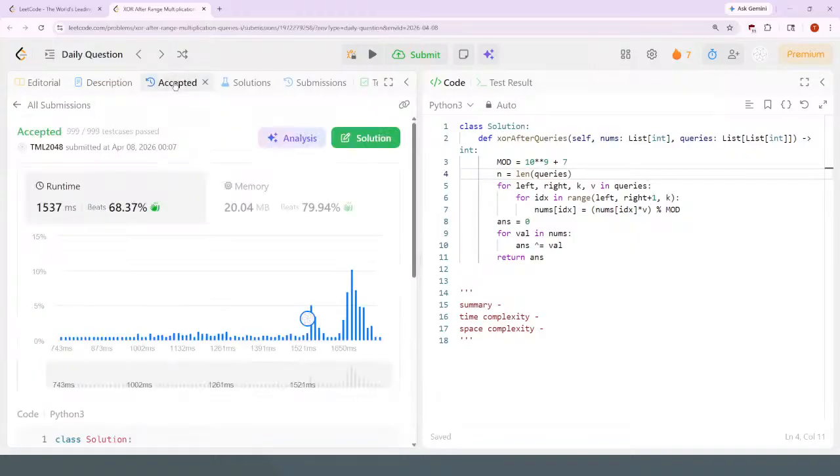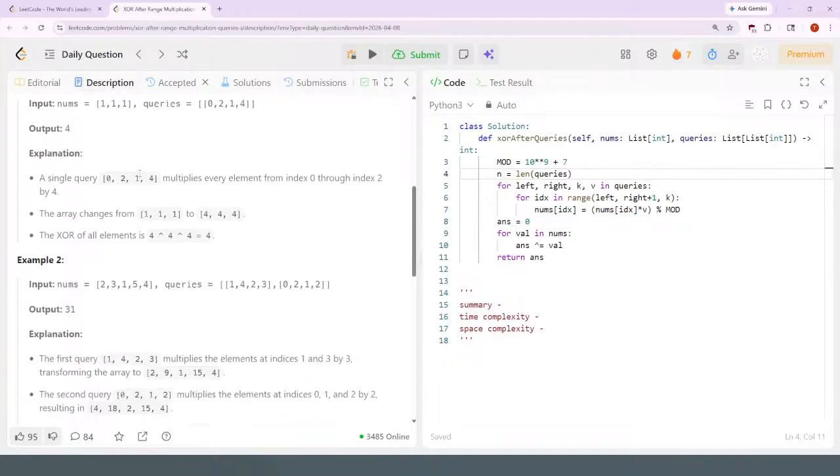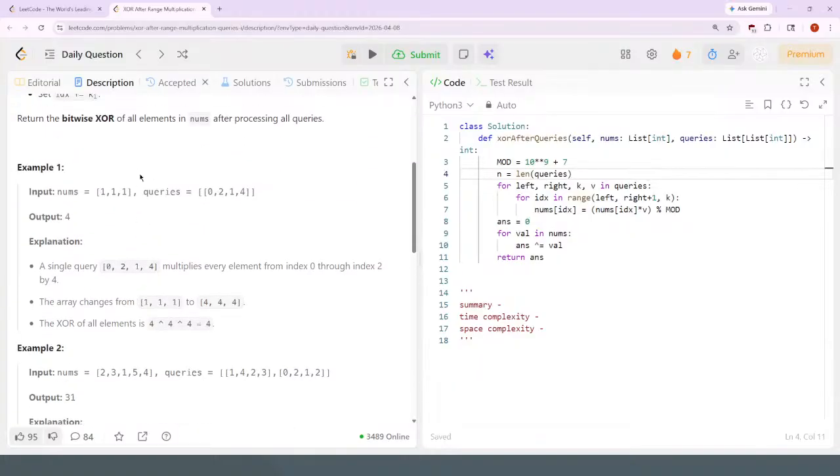But regardless, I think there is something I can do to optimize this. Huh. There is something I can do to optimize this, maybe. I mean, if it's 0, then it's 0, right?